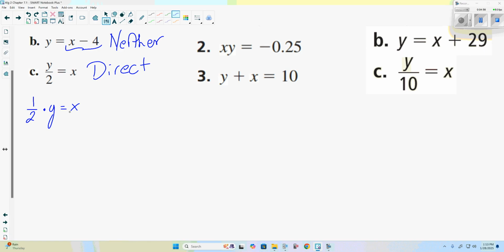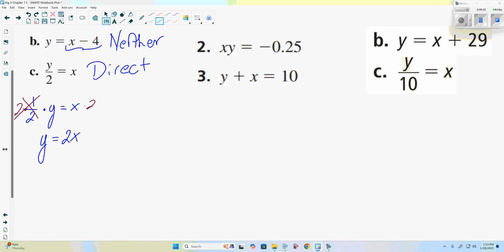So we're just multiplying it by an a. The other option is to get y by itself, so I can multiply both sides by 2, and our 1/2 times 2 is 1, showing us y is equal to x times 2, or 2x, which does look more like our direct, but it is still a direct variation. Questions on A, B, C?